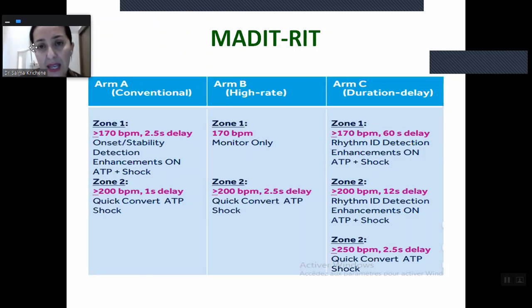MADIT-RIT is a study sponsored by Boston Scientific. It's a randomized study with 3 arms, comparing conventional programming, high rate programming, and a long duration delay.